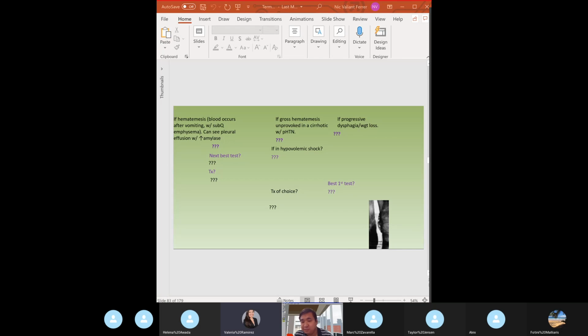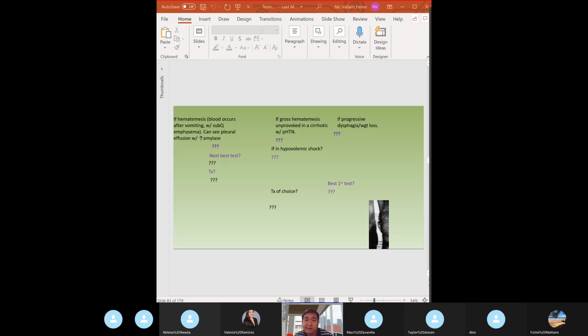What's the mechanism of action of your somatostatin analog? How does it decrease the bleeding? I said it's going to vasoconstrict the splanchnic. Exactly. Good job.